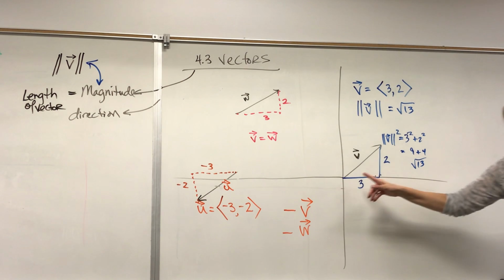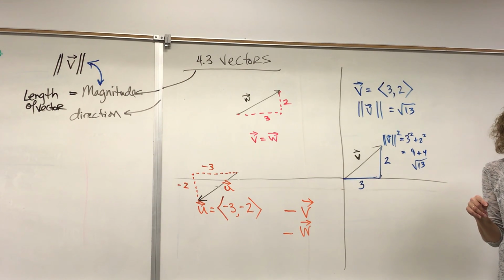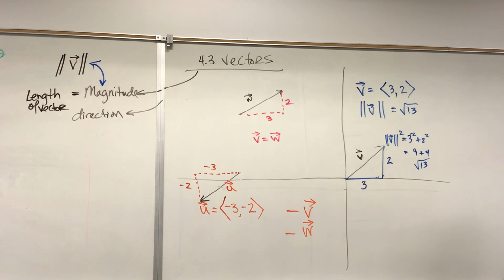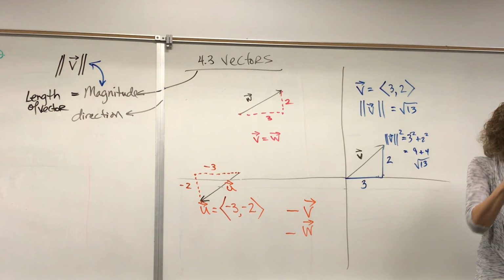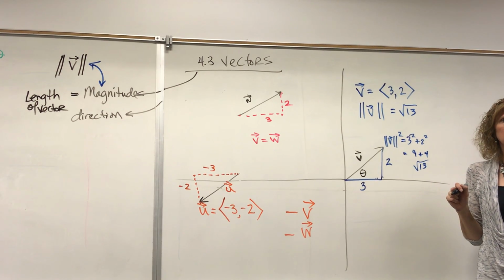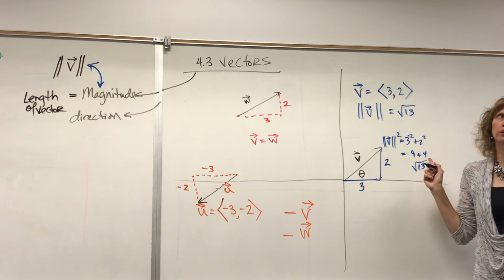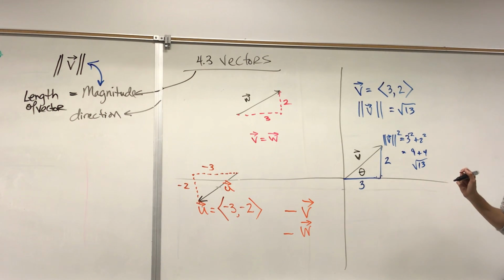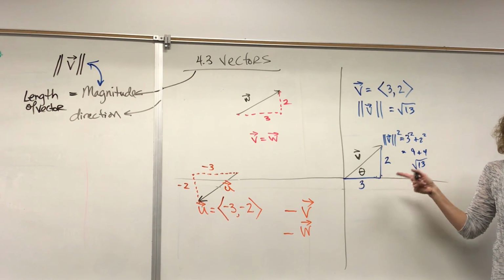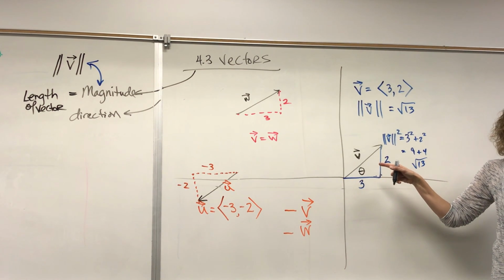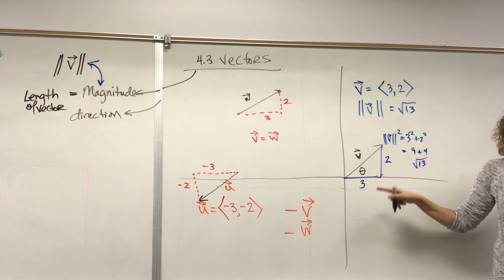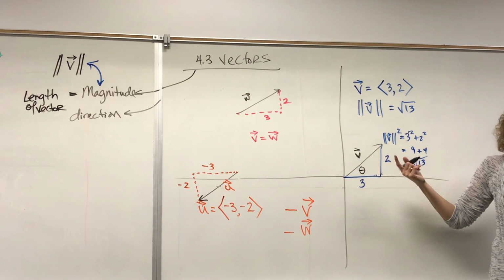Okay? How can I describe the direction of vector v? Diagonally. An angle. Now, we have the square root of 13, so we do have all 3 sides, but the square root of 13 is some decimal on a calculator. What might be easier to use instead of dealing with the square root of 13? The 2 and the 3, and what trig function might be helpful? Tangent.